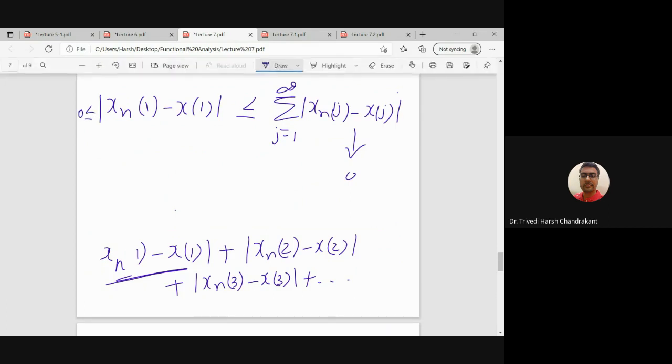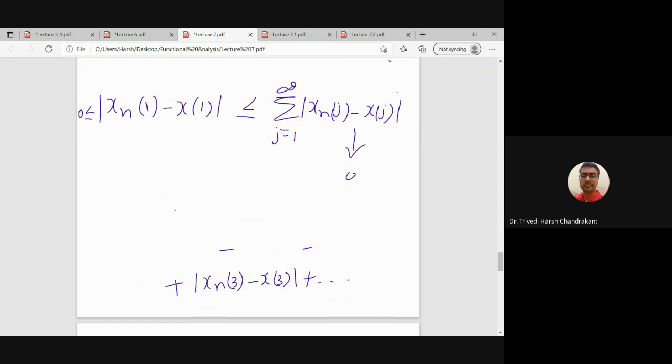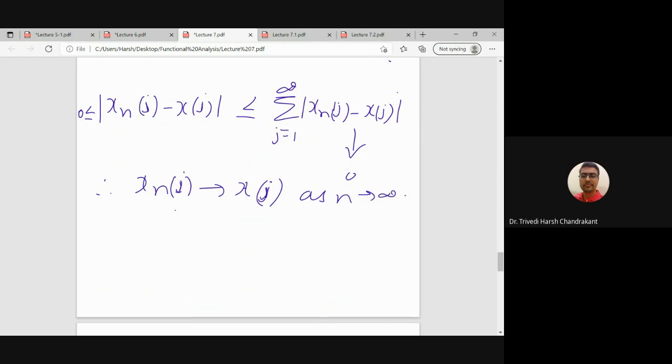So that will give us x_n^1 converges to x_1. And there is no speciality about 1. We can do this for 2 also, and in general we can do it for any fixed j. So this is true for every fixed j.